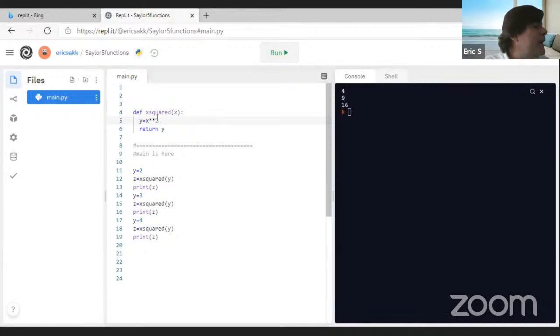Or we can take x and raise it to the second power, or we can take x and multiply it by itself. So there's a number of different ways to achieve the same thing. But that is not x squared, okay? That's x to the xth power, okay? So that's that.